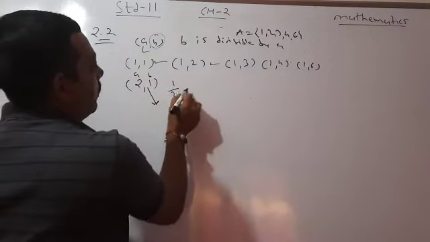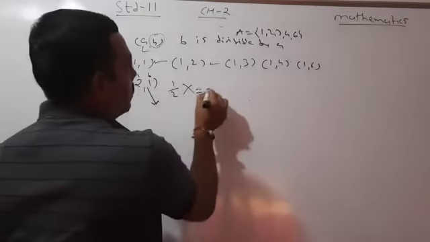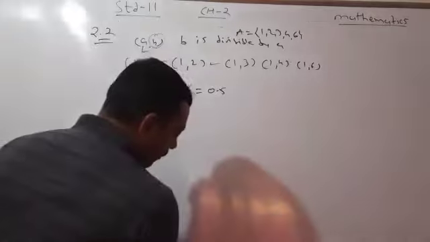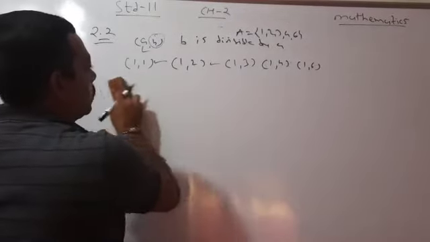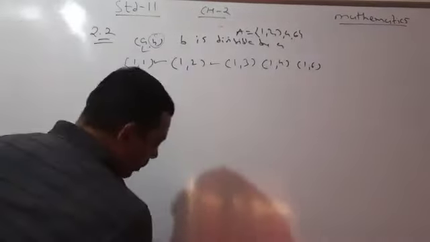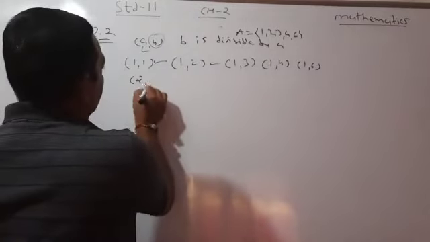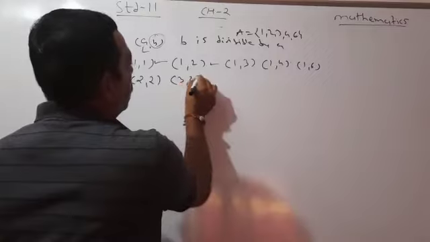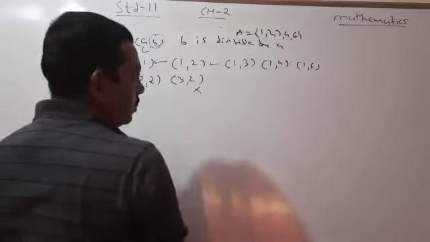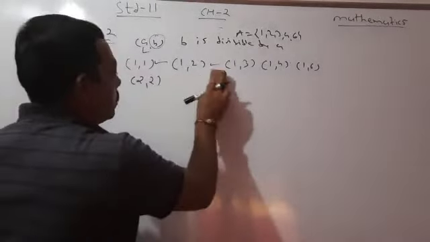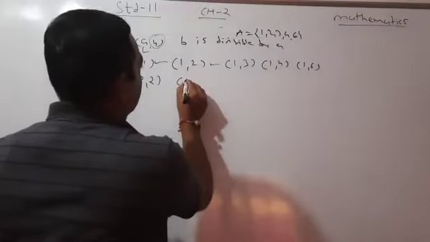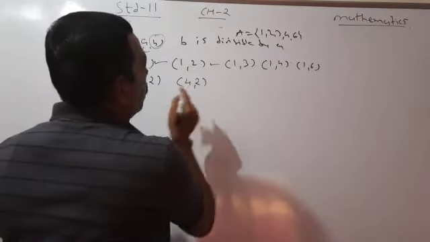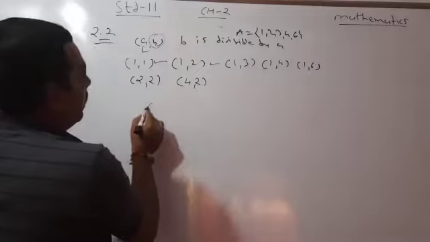Can we say 1 is divisible by 2? Definitely not, because our answer is 0.5, which is not perfectly divisible. Hence (2, 1) does not exist. Next entry (2, 2), okay. Then (3, 2) is not possible because 2 by 3 is not perfectly divisible. Next is (4, 2). Now if I write (6, 2).